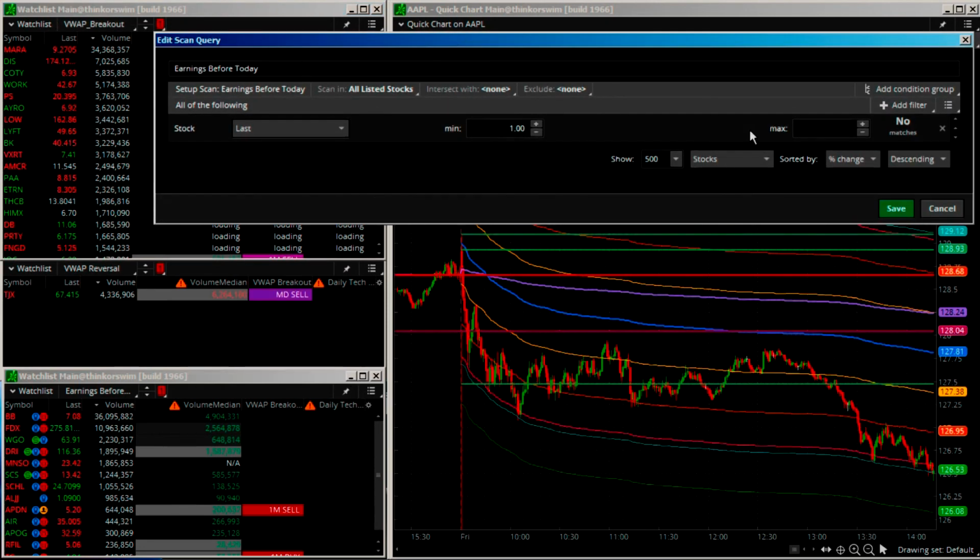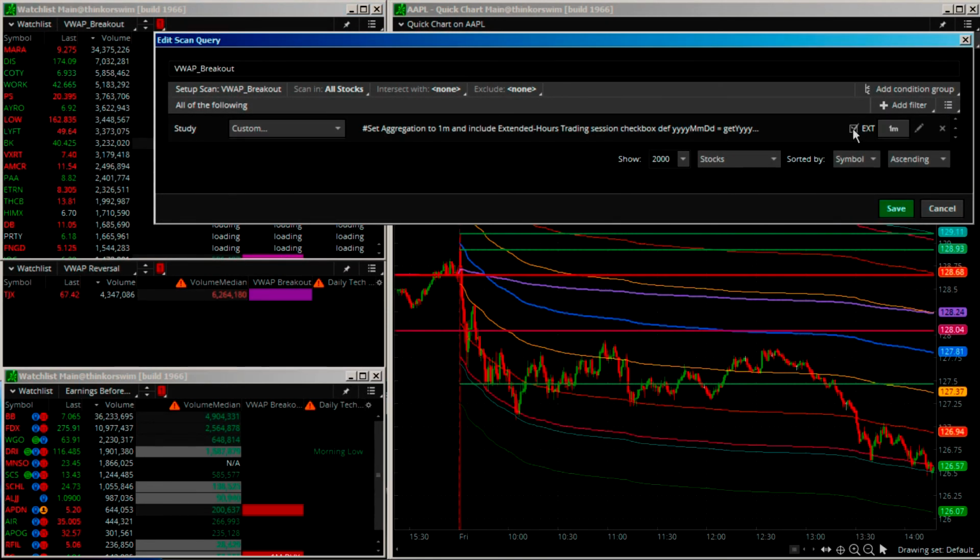So by default, you have this little tag X next to the time frame, and that tells you if it includes the extended market or not. So people who trade the VWAP starting at midnight, then you keep it on. People who trade only 9:30 VWAPs would check it off.